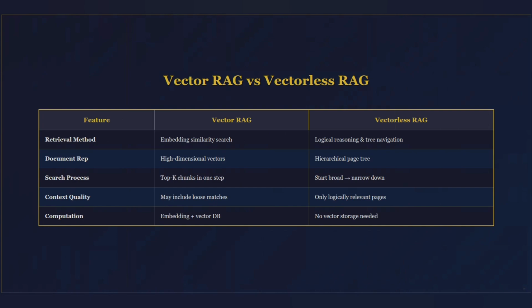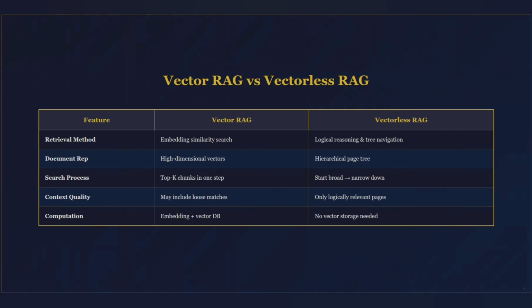Vectorless examines major sections first, then focuses. Context usage. Vector RAG may include loosely related chunks. Vectorless selects only logically relevant pages. Computational cost. Vector RAG requires embedding generation and storage. Vectorless eliminates that overhead.